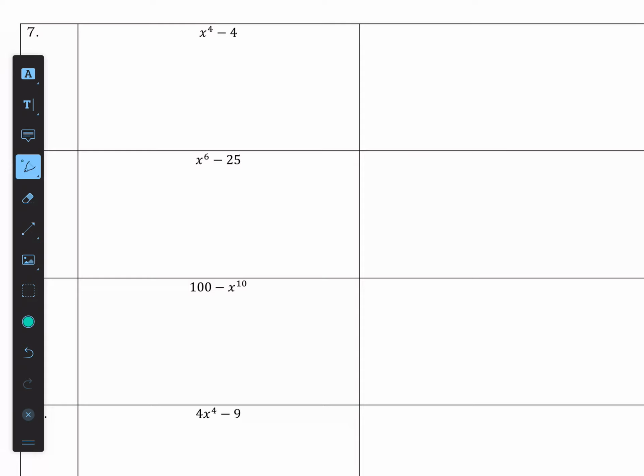Now again, the procedure that we've been doing this whole time is not going to change. We're still doing the exact same steps. The problem just looks a little bit different. So now number 7, x to the 4th minus 4. Now it's not x squared anymore, it's x to the 4th.